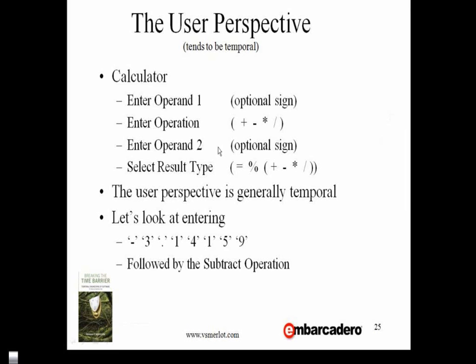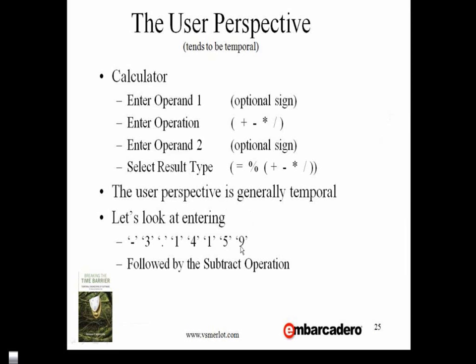Then they put in an optional sign, second operand, and select a result, add or equals %, or a chain operation where they're going to iterate back on the operation and continue to enter in a value. The user's perspective is generally temporal.